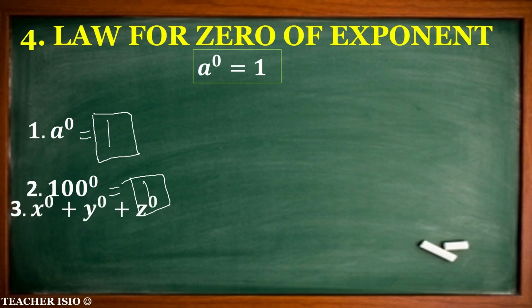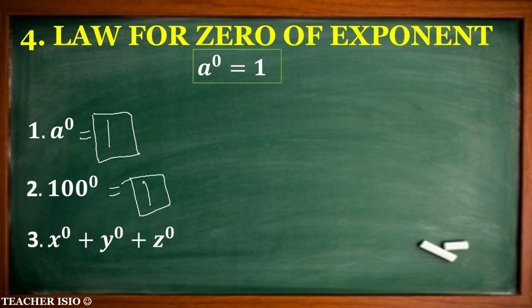So now let's have number 3. As you can see, we have x raised to 0 plus y raised to 0 plus c raised to 0. Okay, isa-isay natin. If we have x raised to 0, sabi ko nga sa inyo, as long as ang exponent ay 0, the answer is 1. So we have x raised to 0, we have 1.